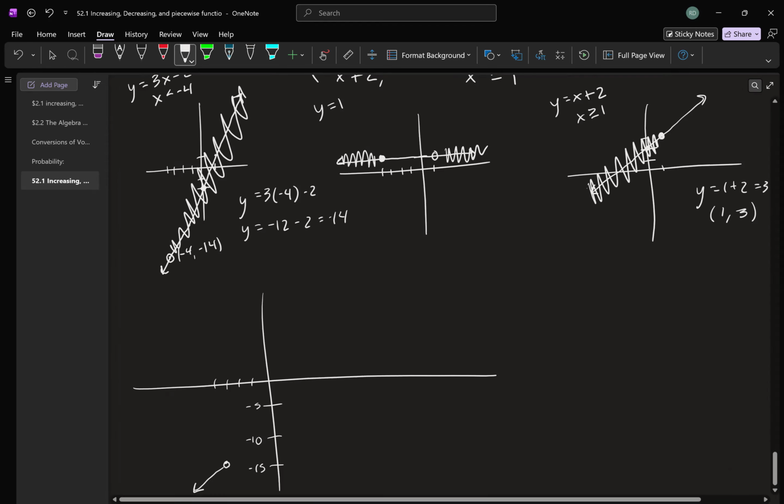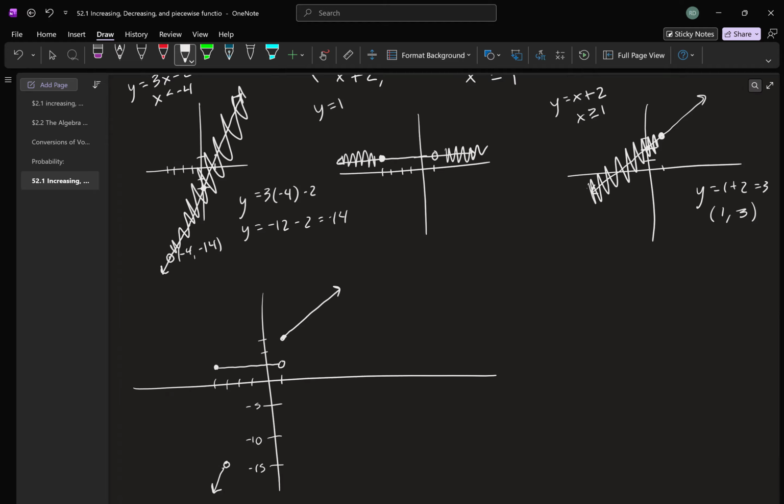And then we draw a line. It's going to be a little bit steeper because it's a slope of 3. And then we have -4 with a closed circle that goes to 1 with an open circle. And then we have a point at 1, 3 and a slope of 1. So that is what this graph is going to look like.